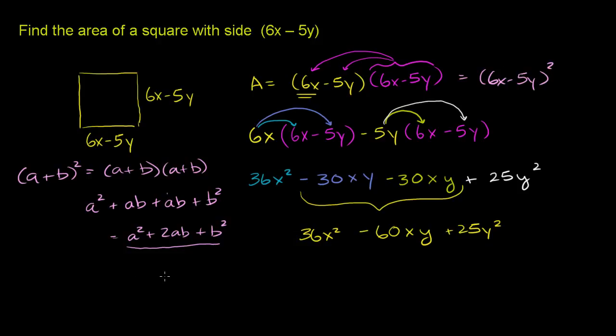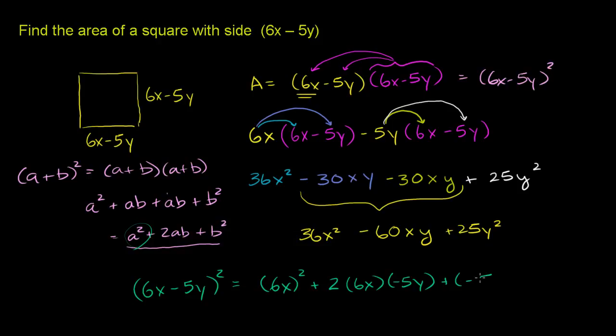If we have 6x minus 5y squared, this is going to be a squared, which in this case is 6x squared, plus 2ab, so that's plus 2 times a, which is 6x, times b, which is negative 5y, plus b squared, which is negative 5y, everything squared.